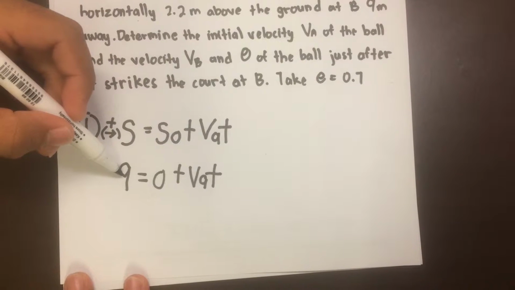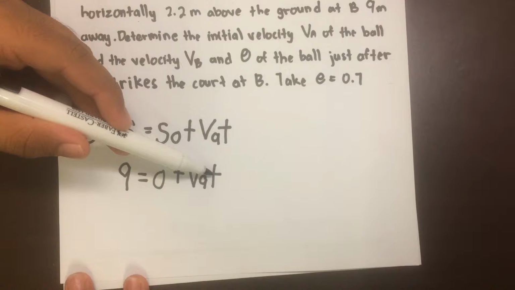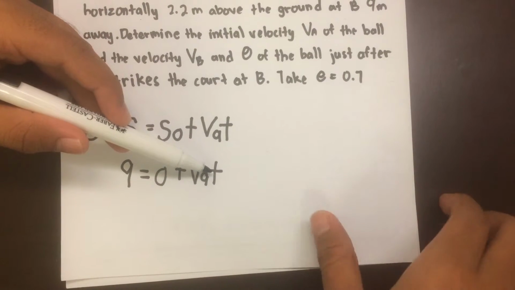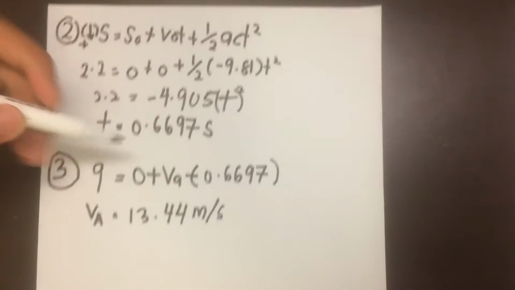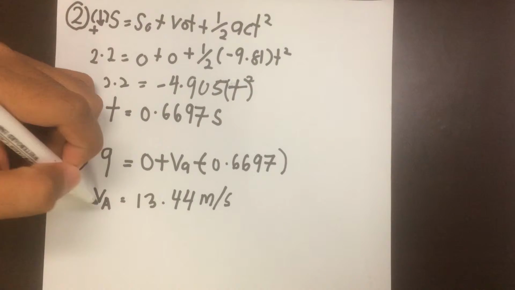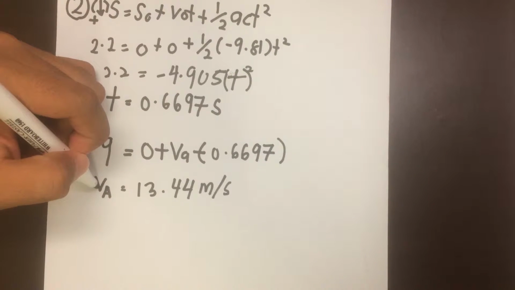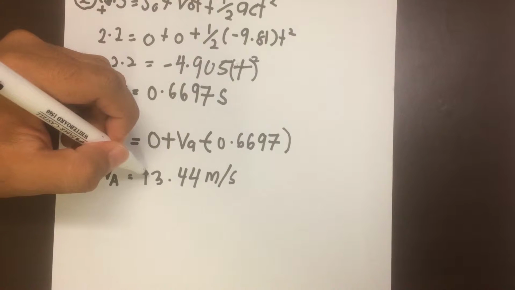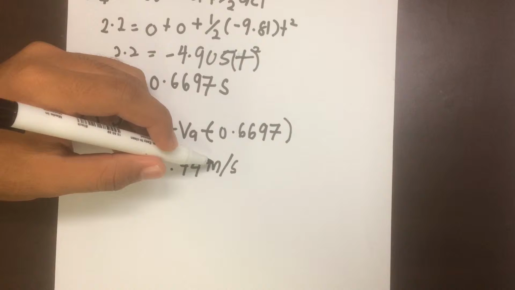From this equation, we put the time that we got from the second step to find the initial velocity. When we solve it, we find the initial velocity VA equal to 13.44 meters per second.